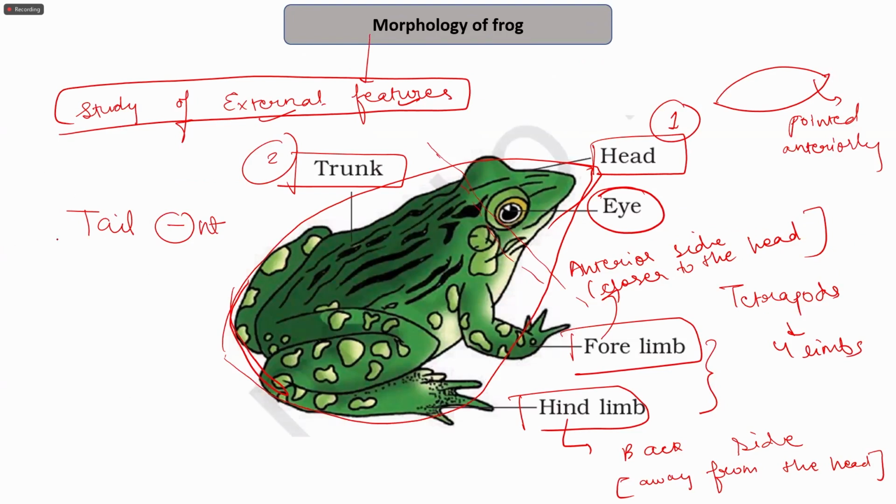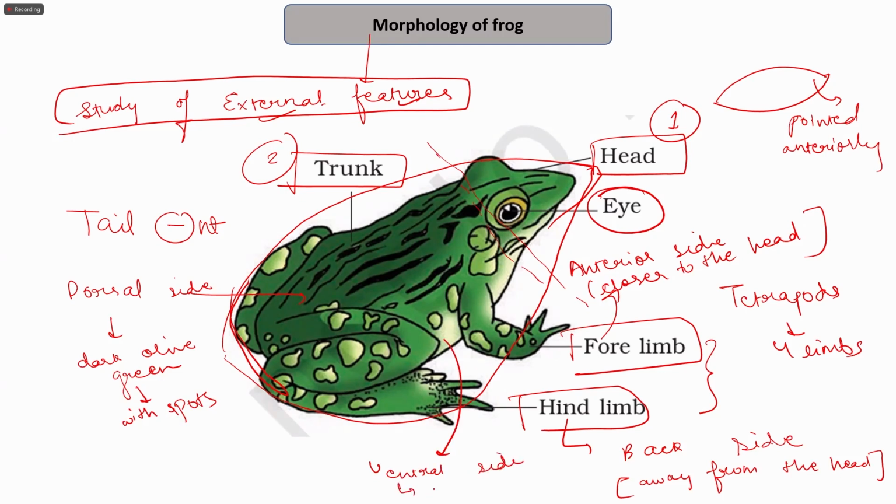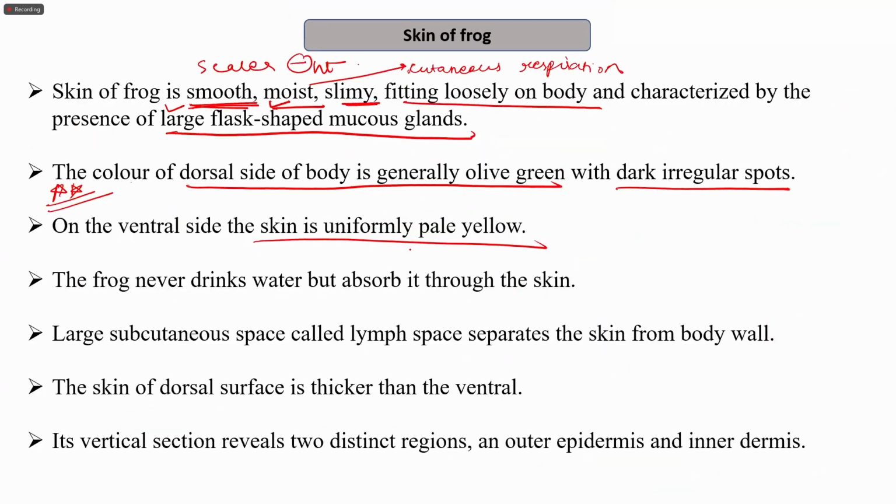On the dorsal side, you can see the color is dark olive green with spots, while on the ventral side the color is usually uniform, light pale yellow.